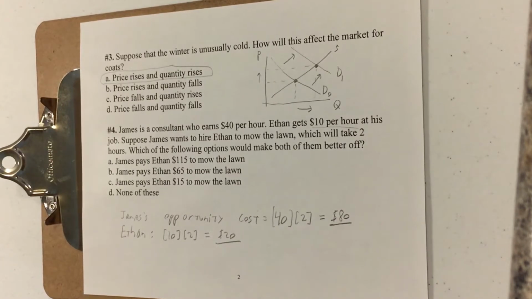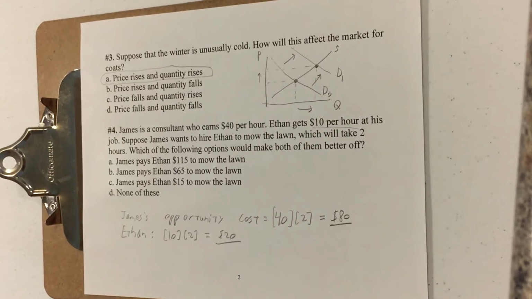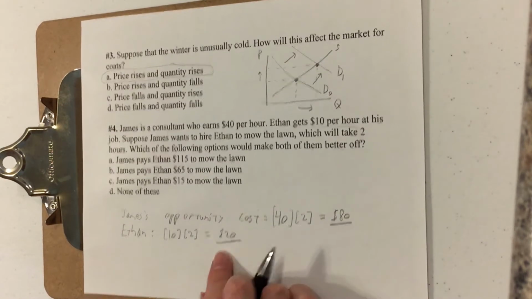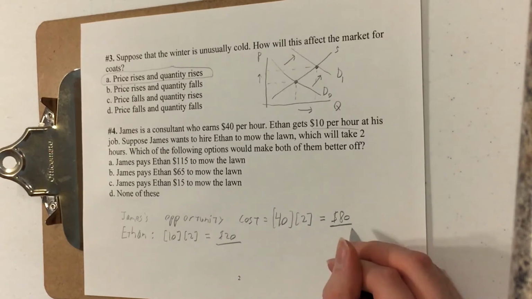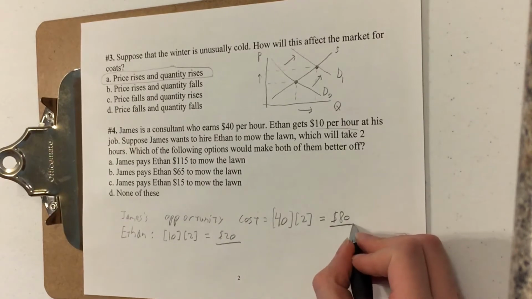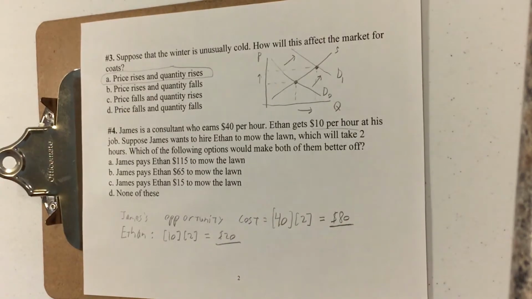So if Ethan gets paid more than $20 to mow a lawn, Ethan's willing to do it because his earnings from lawn mowing in that case, if they're bigger than $20, would exceed his opportunity cost. Now James, on the other hand, is willing to pay anything less than $80.